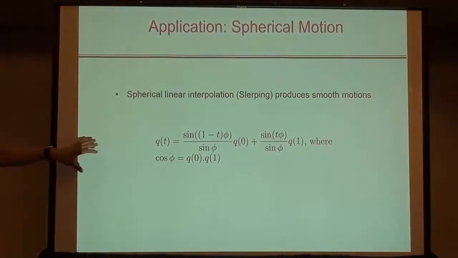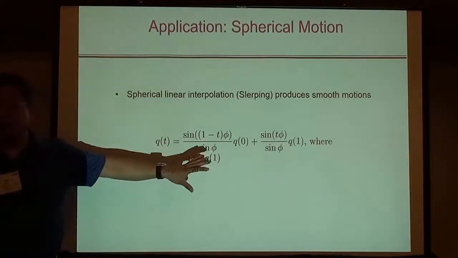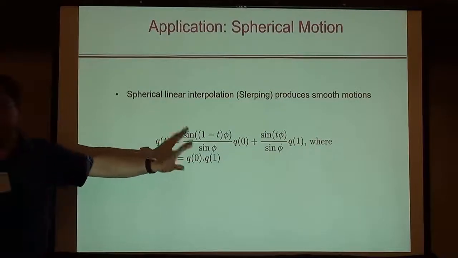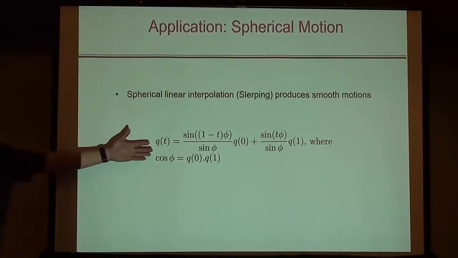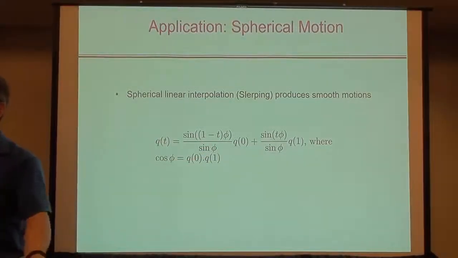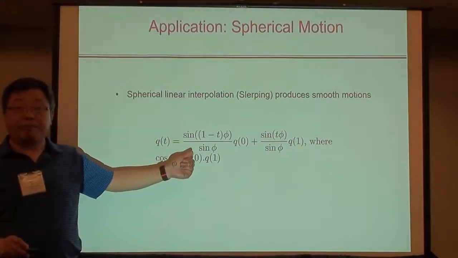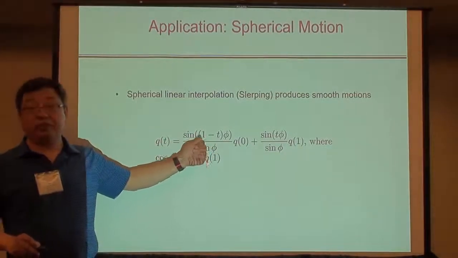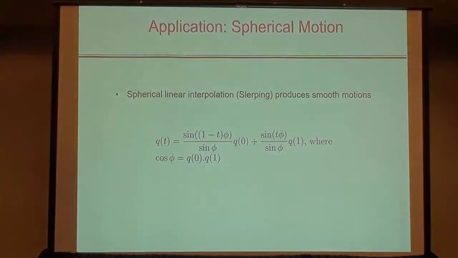And you can write this in quaternion product form as well, purely in quaternion algebra. Any questions about this? Now, of course, the computational cost is higher. You need to compute the angle between the two, and the sine of that. The computational cost is higher than just doing 1 minus t and t. But it does give you uniform speed.